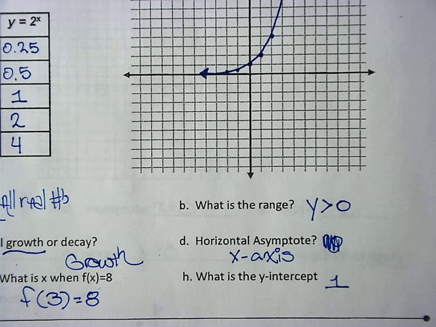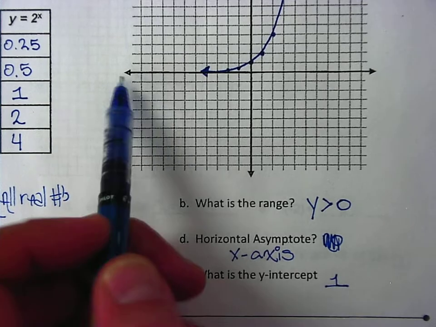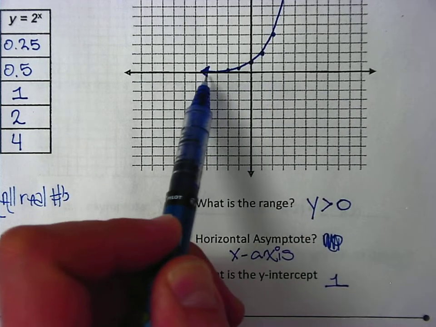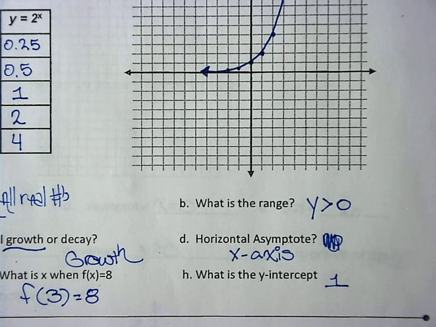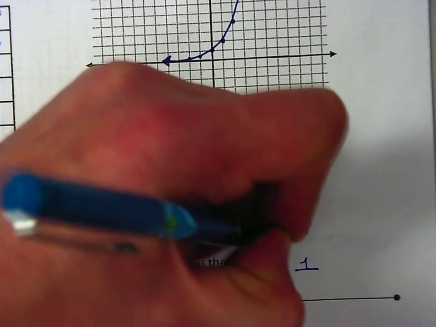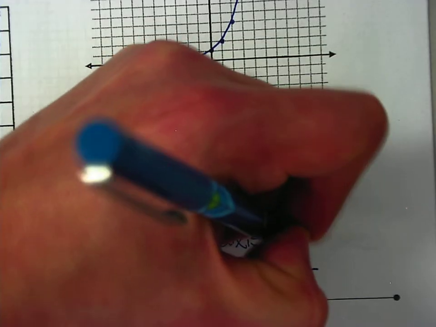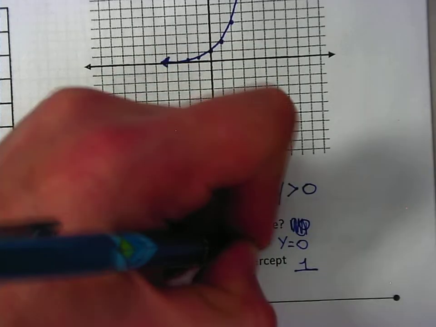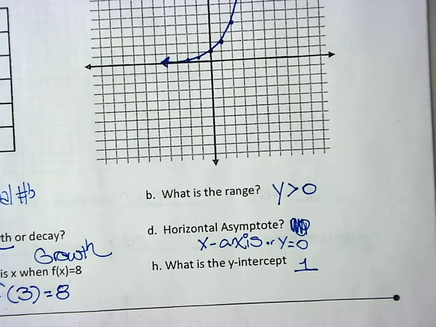So for this basic example, the asymptote is actually our x-axis right here, because the graph gets really, really close to the x-axis but never touches. So we can say x-axis, or we can also say it is where y equals 0. So we can say either or. It's the x-axis or where y equals 0 if you want an equation.